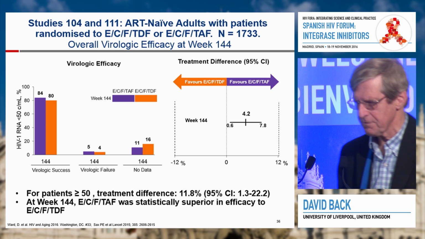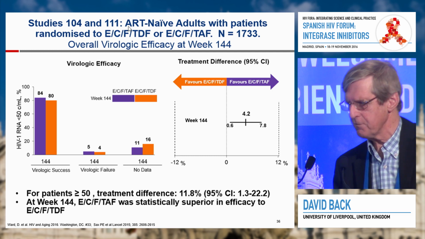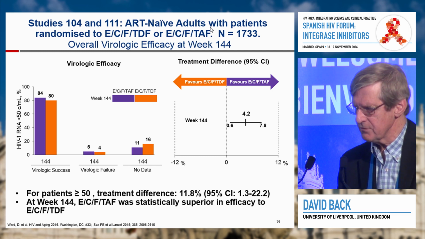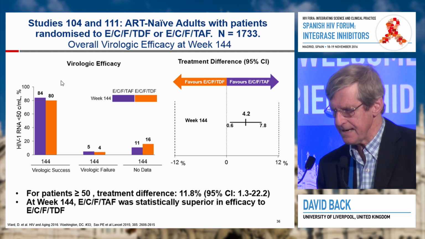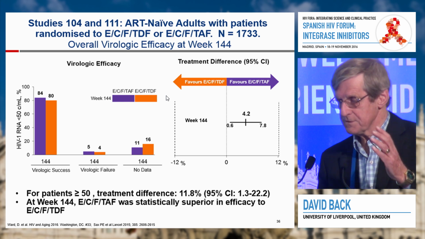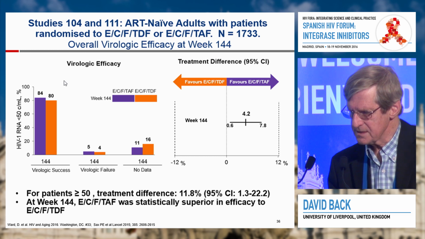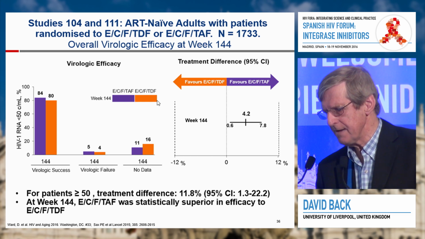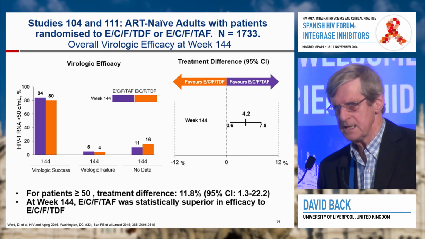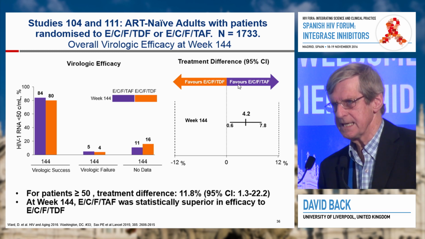Now, what is the data around ECF-TDF and ECF-TAF? There's a lot of studies, more than 4,000 patients have been studied. So studies 104 and 111 is looking at antiretroviral naive patients randomized to ECF-TDF or ECF-TAF. And the primary endpoint was 48 weeks, but this is going out now to 144 weeks. And you can see that at 144 weeks, 84% versus 80% virologic efficacy for TAF versus TDF, with non-inferiority, but statistical superiority favoring ECF-TAF.